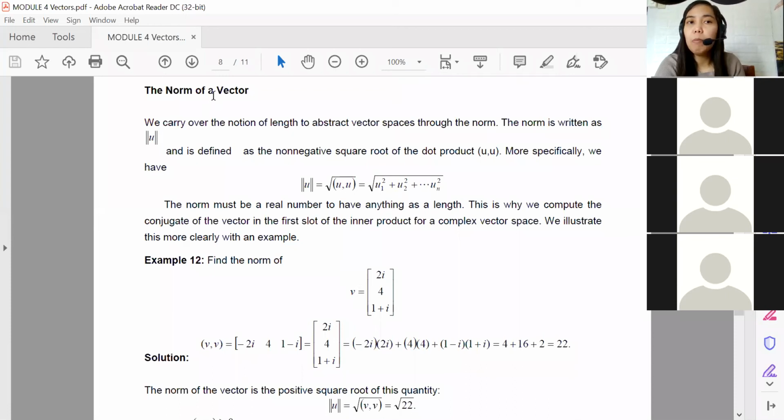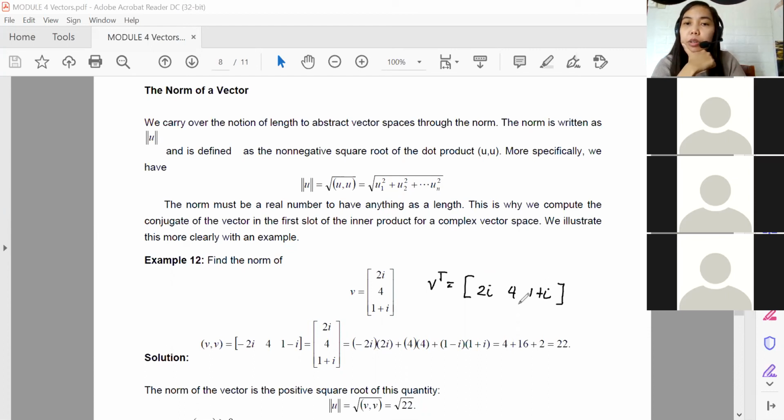And we're talking about length, and it should always be positive. Okay? So find the norm of vector V. So this is a complex vector space. Let us first get the transpose of this. So we will have 2i, 4, 1 plus i.